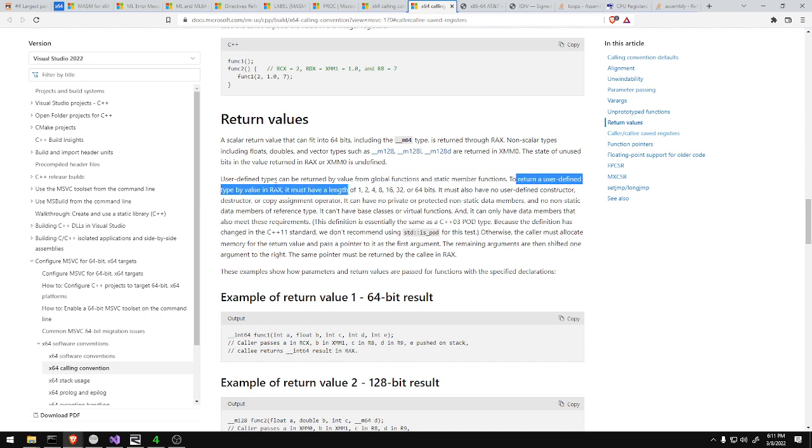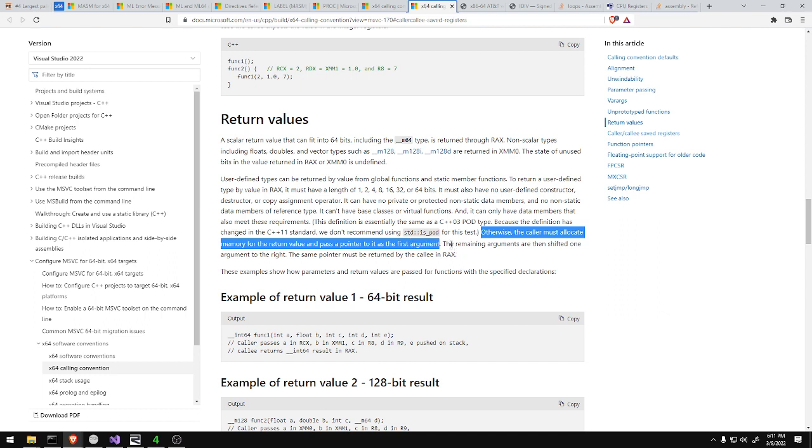To return a user-defined type by value in RAX, it must have length 1, 2, 4, 8, 16, 32, or 64 bits. It must also have no user-defined constructor, destructor, or copy assignment operator. It can have no private or protected non-static data members, and so on. Because the definition has changed in C++, we don't recommend using is_pod for this test. Otherwise, the caller must allocate memory for the return value and pass a pointer to it as the first argument. The remaining arguments are then shifted one argument to the right. The same pointer must be returned by the callee in RAX.